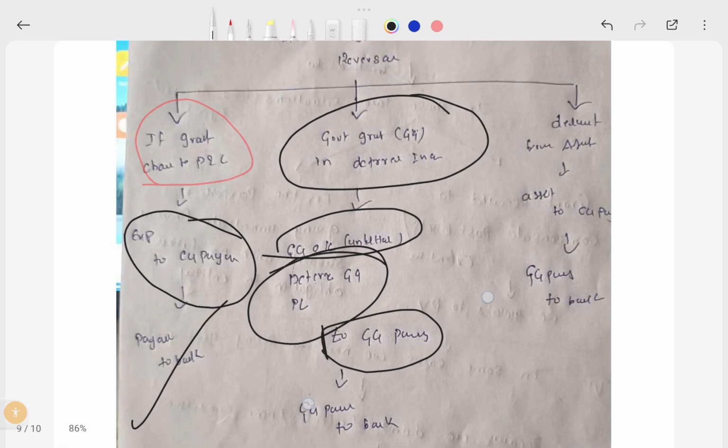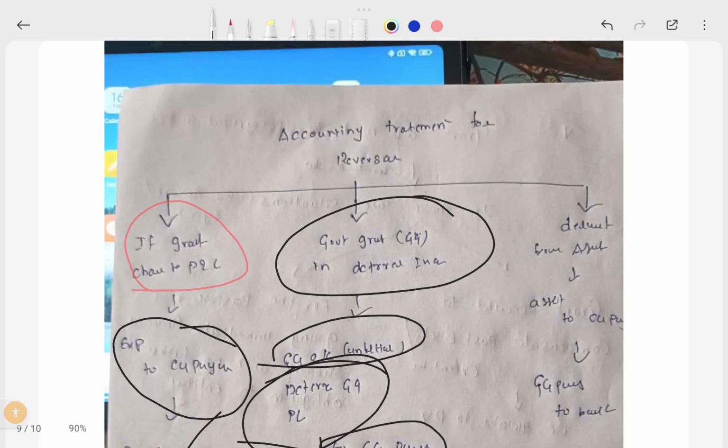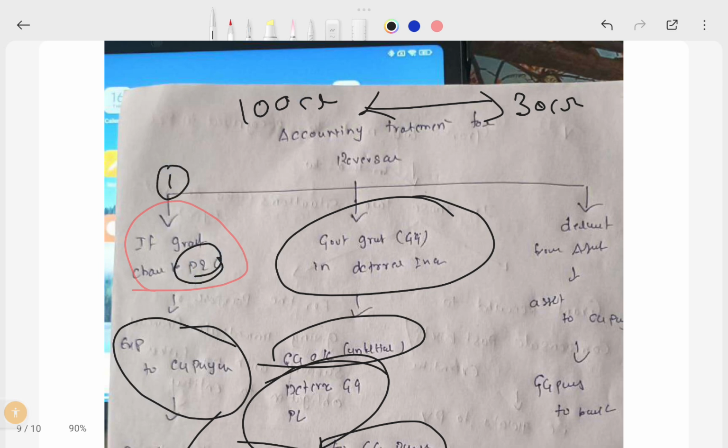Say suppose I will come with examples. You received 100 crores grant. After 3 years, you didn't fulfill the conditions, so you need to pay 30 crores. In case one, you have accounted 100 crores as P&L income. In this case, that 30 crores is the expenditure, payable to government, then payable to bank next. So 30 crores is the liability on this date.